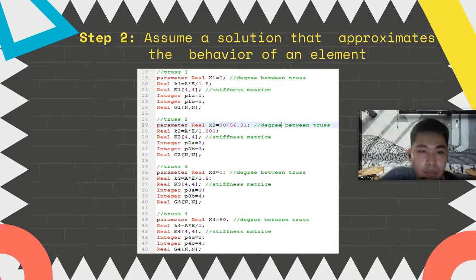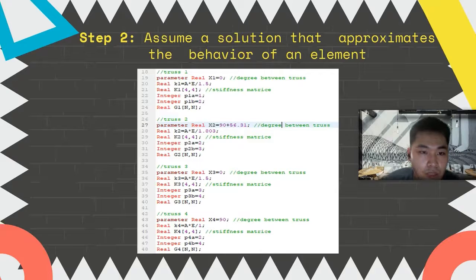The next step is to assume a solution that approximates the behavior of an element. To do this step, we divide into each truss. In each truss, there is a degree between trusses and the stiffness matrix. To find the degree between trusses, we can solve it from the problem. And then there is K1, which equals A times E divided by the length of the truss.